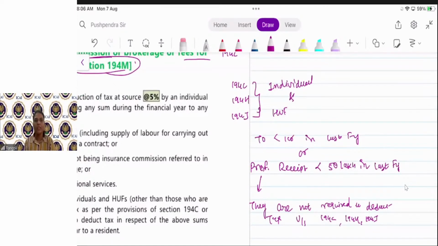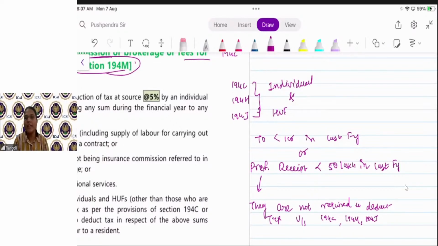Yes or no? If you are an individual or HUF, you are making payment on account of contract, and in last financial year, if your turnover is less than 1 crore, then in current year, section 194C is not applicable, and you are not required to deduct TDS under section 194C. Okay.